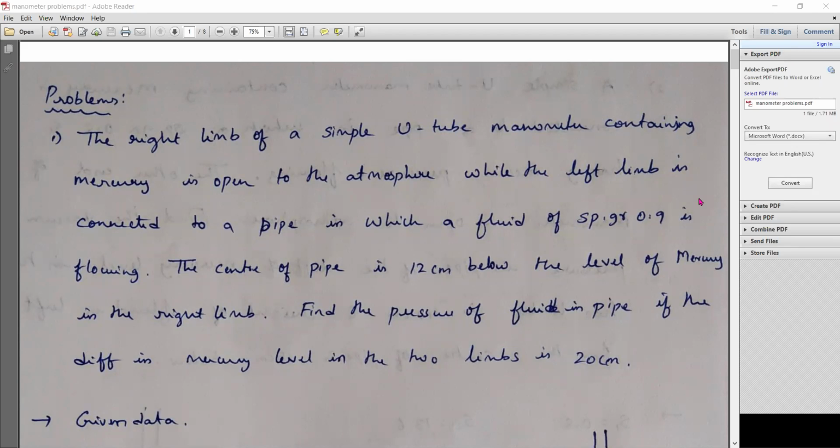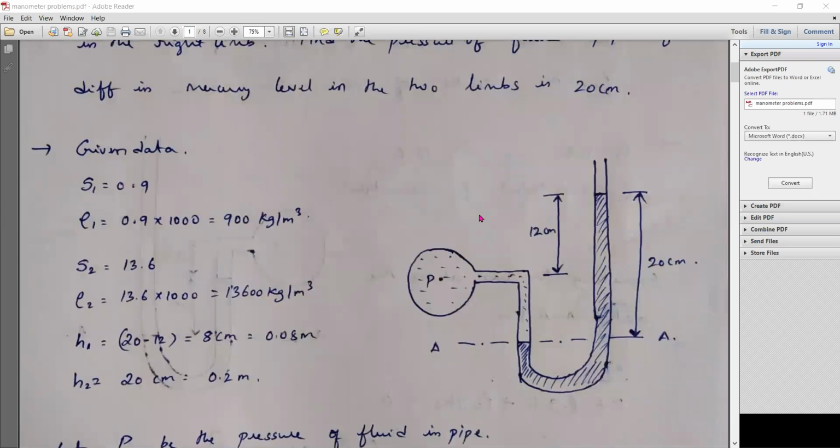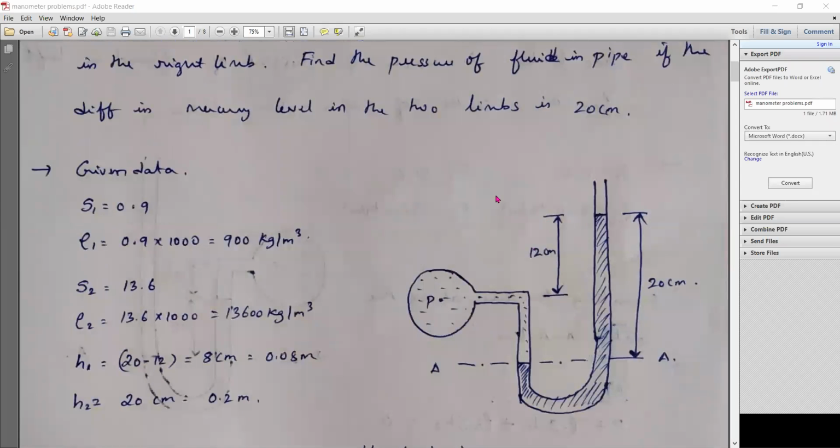Okay, after writing the question, please draw the diagram. Okay, this basic figure you need to remember first. After that, by seeing the question, you need to draw. Sometimes he may not give it in the problem, so better remember the procedure to draw the figure. Okay, draw the figure. I'm showing here.